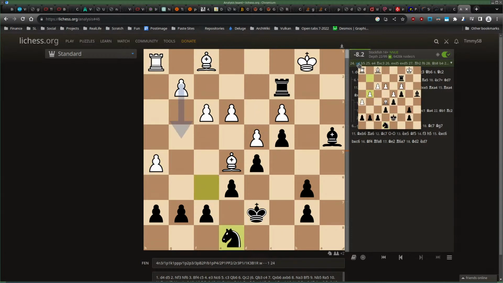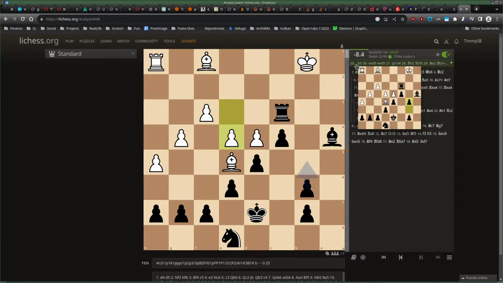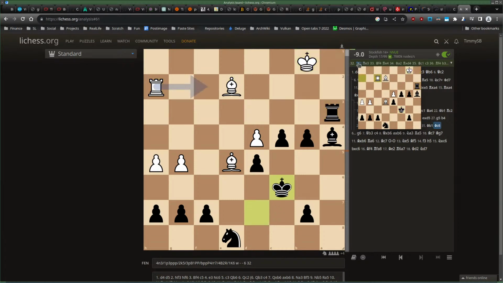Cannot allow that. g4. Now we take this pawn. e4. There comes the b pawn as well. So another pawn. Why that king move was necessary, nobody knows.